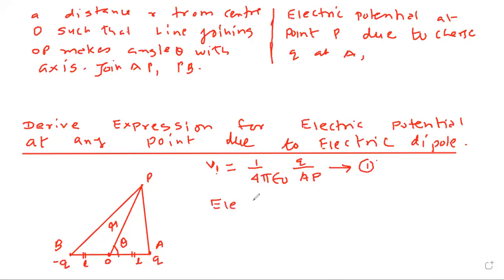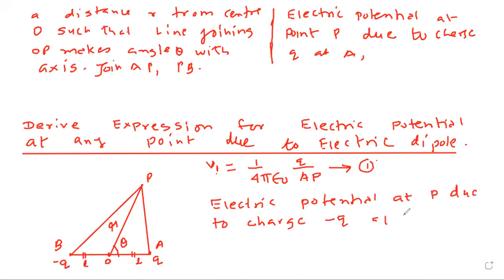Electric potential at P due to charge minus Q at B, V2 equals 1 upon 4 pi epsilon naught minus Q upon PB, equation 2.